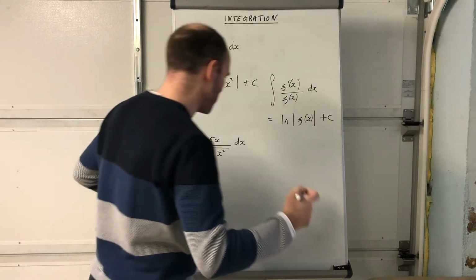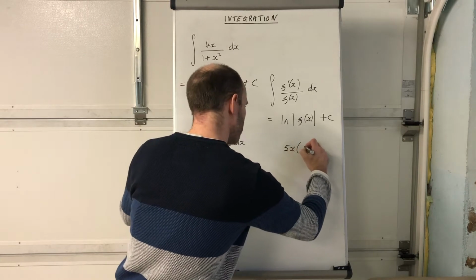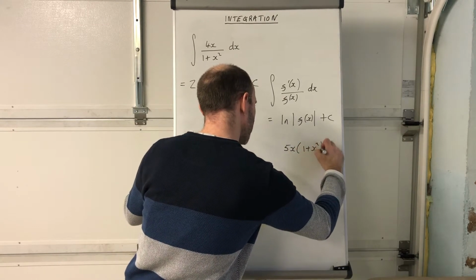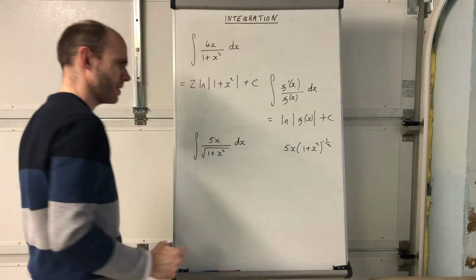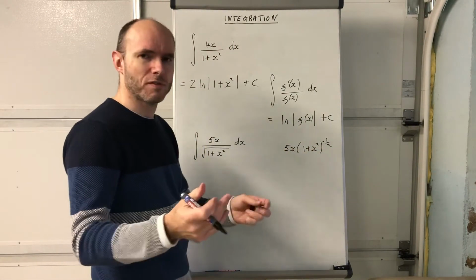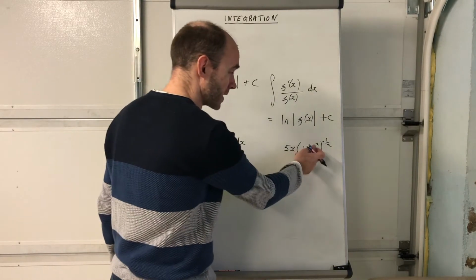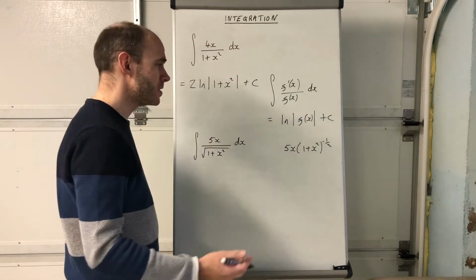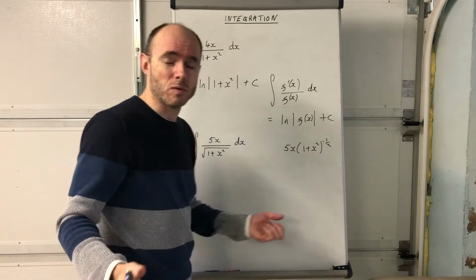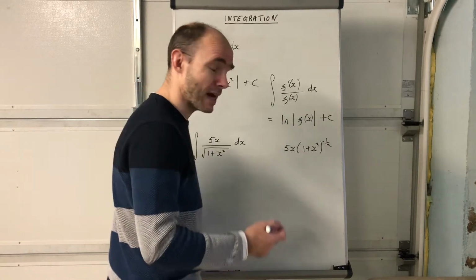Here, consider 5x multiplied by 1 plus x squared to the power of negative a half, written in index form. The answer has got to be something to do with 1 plus x squared to the power of something. So try the very first integral technique you learned, increasing the power by 1, and that will work for you.